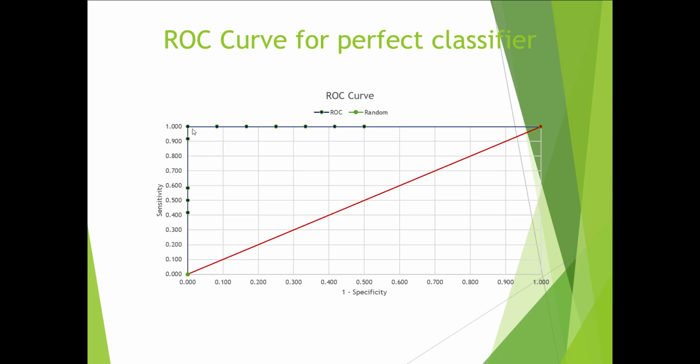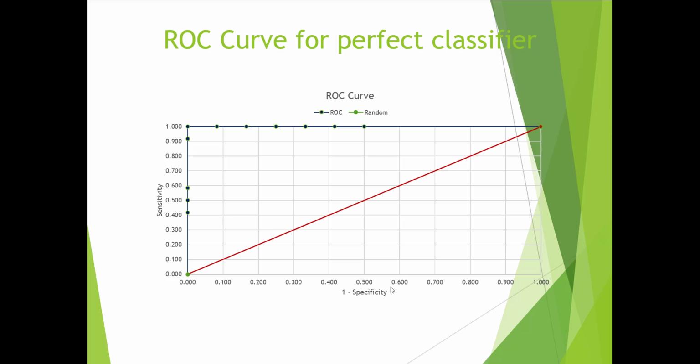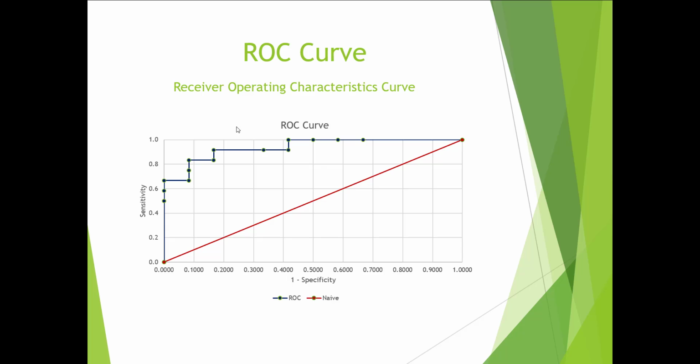So one way of assessing how good a particular methodology's ROC chart is, is to look at the area under the curve.